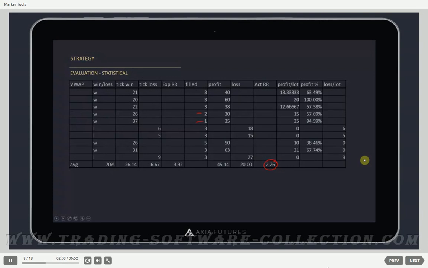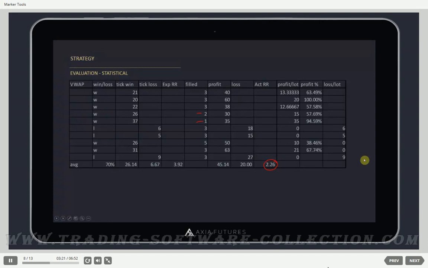If your actual risk reward is dropping significantly lower than you expected, something going wrong in the trade is perhaps indicating that you could be taking a certain amount out of the trade and you're not. So this is where you've got to start addressing, is it the way you're getting filled? Is it the fact that you're taking the trade off too early? What is it that's changing that's not giving you the risk reward that you expect to be getting?